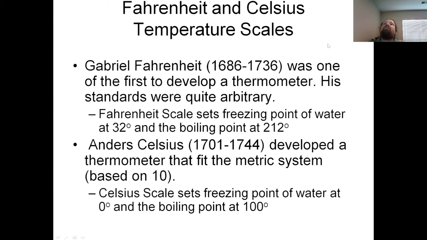And the Fahrenheit scale is kind of infamous in the international and scientific communities for just being really weird. In Fahrenheit, the freezing temperature of water is 32 Fahrenheit, and the boiling temperature of water is 212 Fahrenheit.